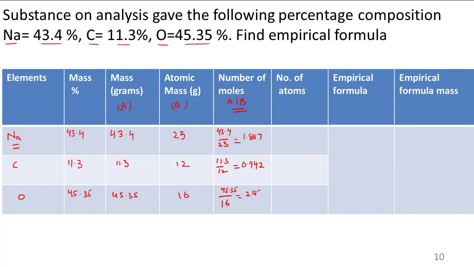Now in order to convert them to whole numbers, first we have to find the smallest value out of these three. The smallest value is 0.942.